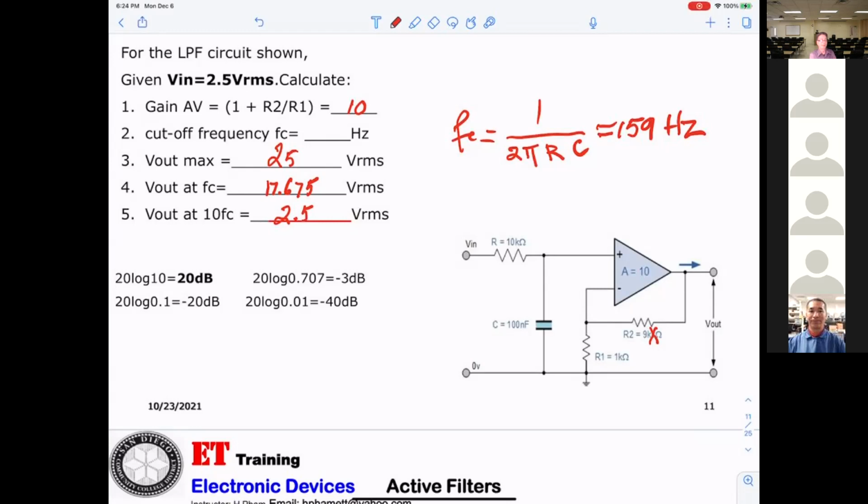Mr. Pham, I just want to double check on FC. Is that 159 kilohertz or hertz? Can some of the other students verify that? Okay, you mean on the cutoff you get 159 kilohertz. Who else gets a different answer? Someone told me 159 hertz, and now you say 159 kilohertz.